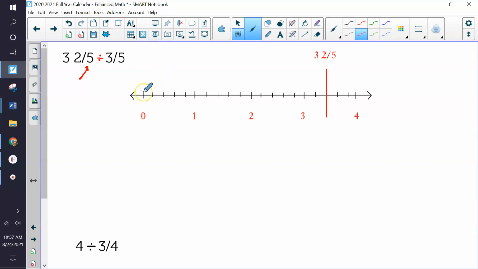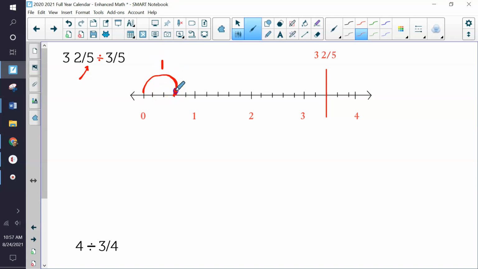Starting at 0, I'm going to make some jumps of 3/5, which means I want to skip over 3 spaces, 1/5, 2/5, 3/5, and land on that mark. Make sure you land right on it. I know I missed it just a little bit. There we go. So I'm landing on 3/5. That's one group right there, one group of 3/5.